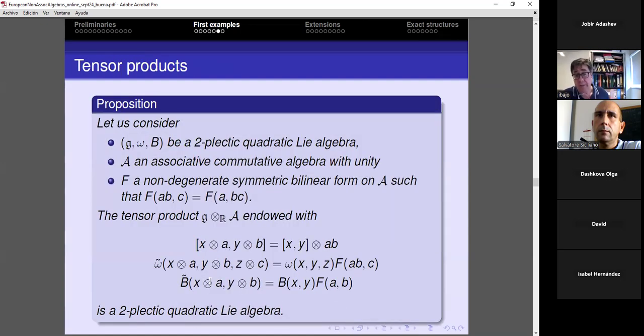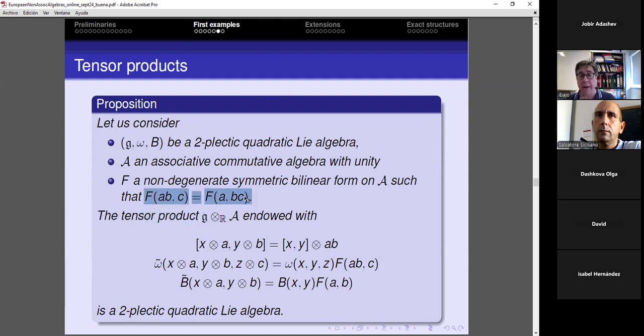Okay, so this construction led us to another type of construction, which was done with tensor product. This is another very well-known way to construct a quadratic Lie algebra starting from a quadratic Lie algebra. It is just tensorizing, making the tensor product with an associative commutative algebra which has a non-degenerate symmetric bilinear form, verifying this associativity condition.